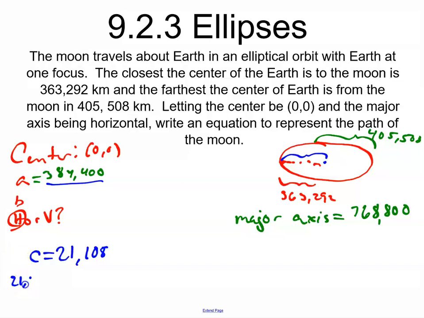So 21,108 squared equals 384,400 squared minus b squared.